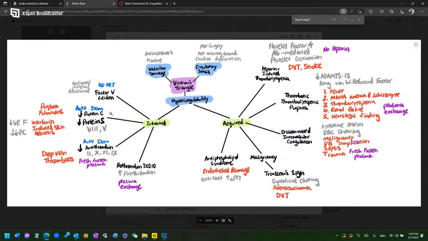So protein C and protein S are both involved in breaking down factor 8 and factor 5.